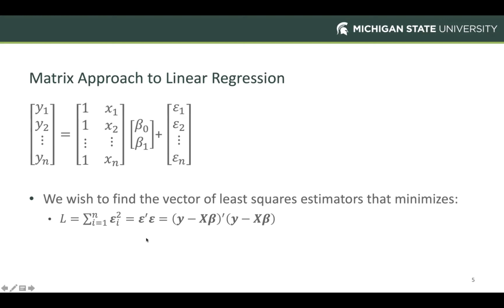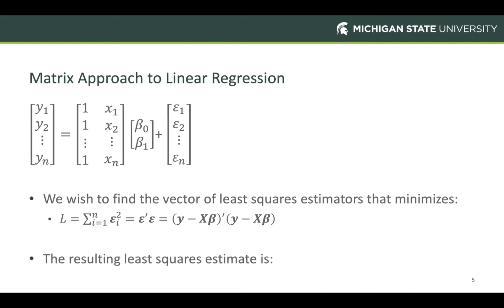We square that quantity, which means we're taking the transpose of that column vector times the vector itself. We're minimizing that quantity, which in long form is equal to y minus x times beta, transposed, times y minus x times beta. So basically, rearranging this in terms of our error term, that error term squared is what we're aiming to minimize.